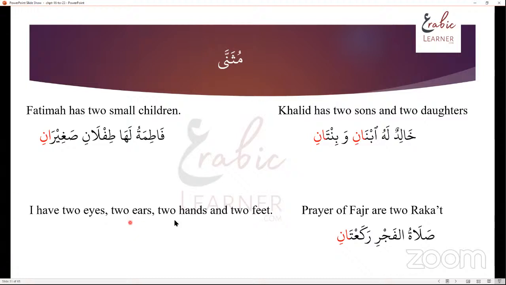I have 2 eyes, 2 ears, 2 hands, and 2 feet. What is the answer?